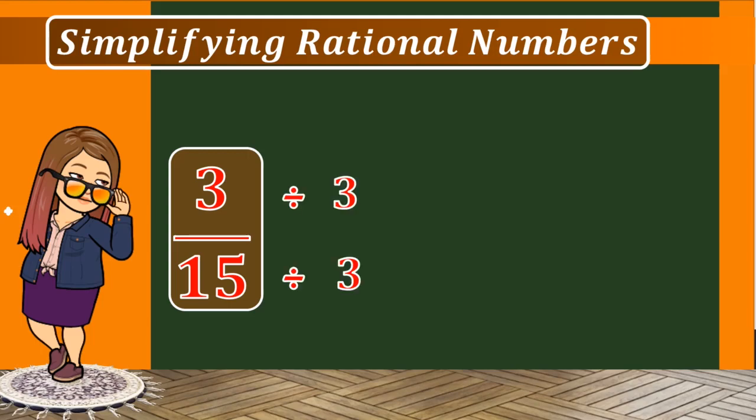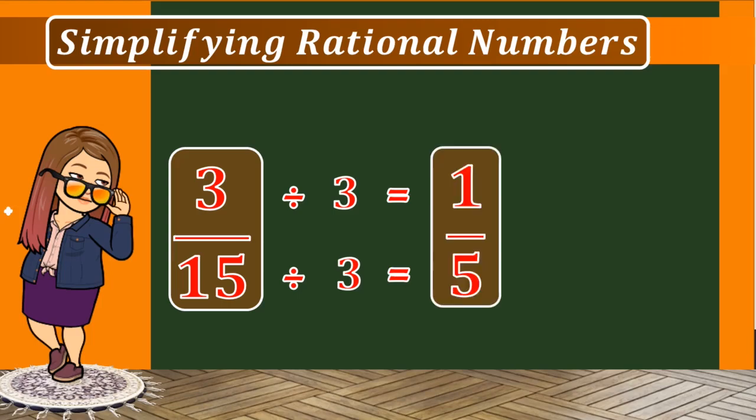So we divide both the numerator and denominator by 3. Thus, 3 divided by 3 is 1, and 15 divided by 3 is 5. Therefore, 3/15 and 1/5 are actually equal fractions. 1/5 here is just the simplified form of 3/15.